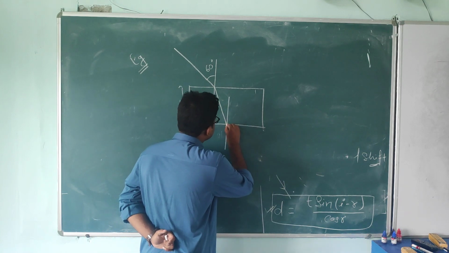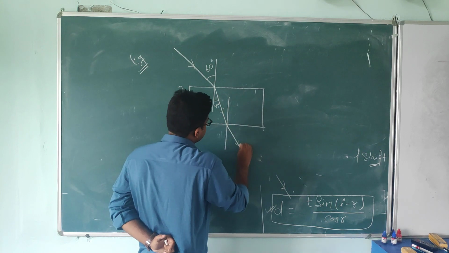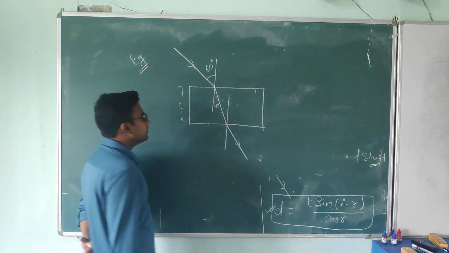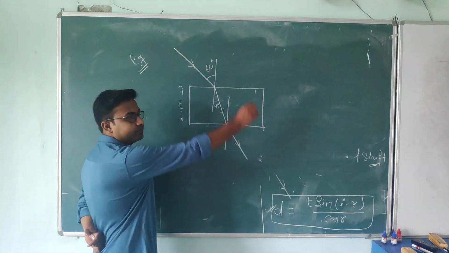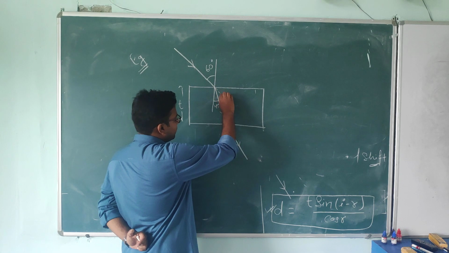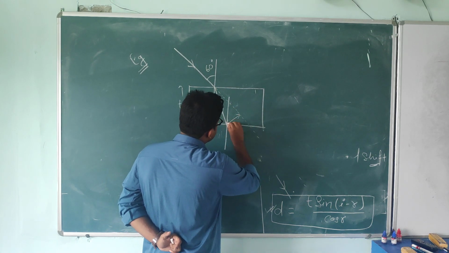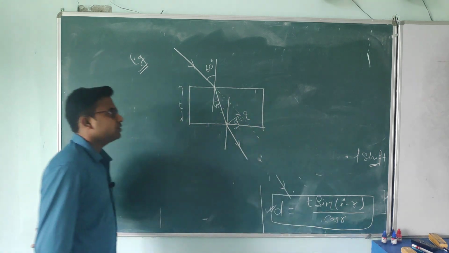Then after that it will go away from the normal, so the ray is passing like this. Now what you have to find here is the lateral shift. So what is the lateral shift, student? Here this distance is the lateral shift d, and we have to find d in this question.